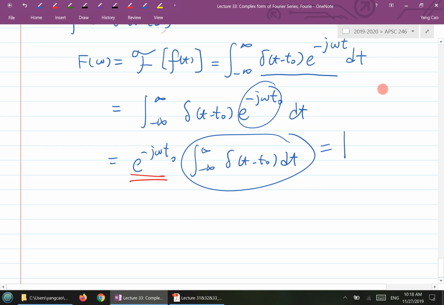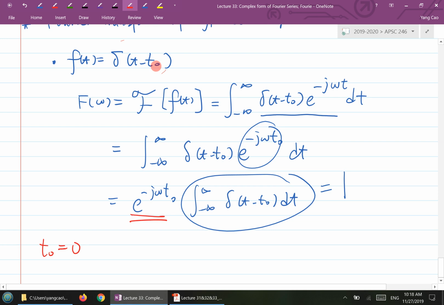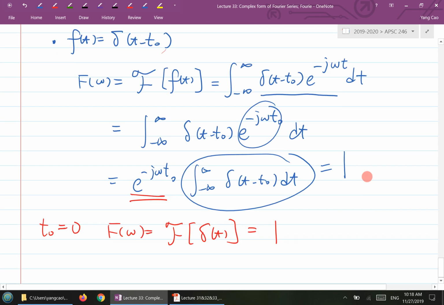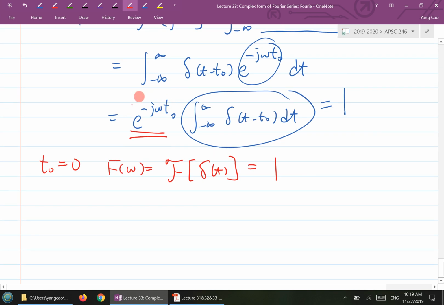Then what about the non-shifted? For example, if t naught equals 0, then we get the Fourier transform of delta t, which is 1, right? That's the same as the Laplace result, isn't it? As a matter of fact, if you look at these results, what is the Laplace of the shifted one?